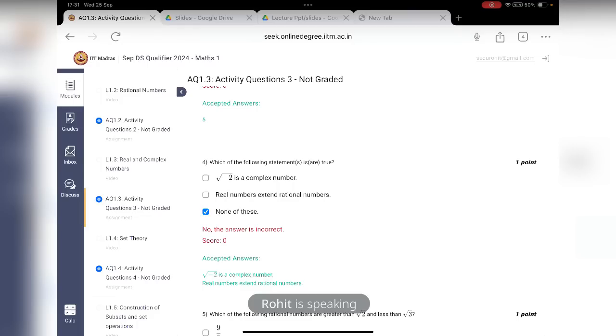So the logic is very simple: rational and irrational together make a real number. Here we are saying that real numbers extend rational numbers, which means extending rational numbers with another irrational number. Yes. Got it.